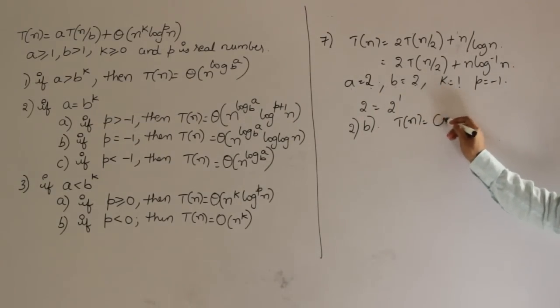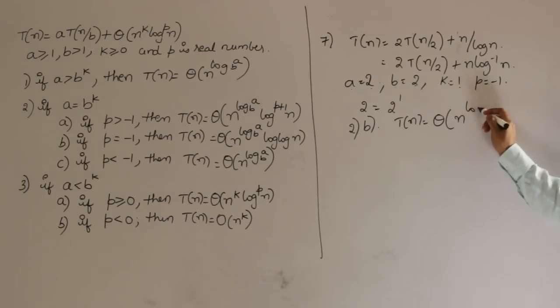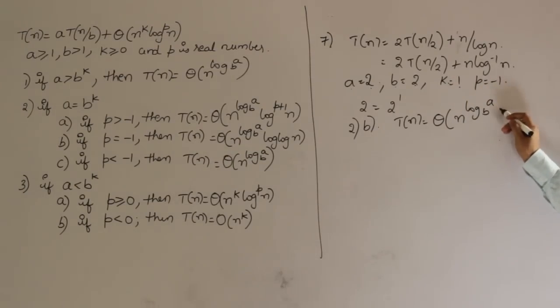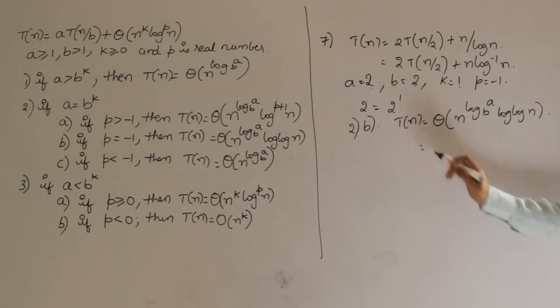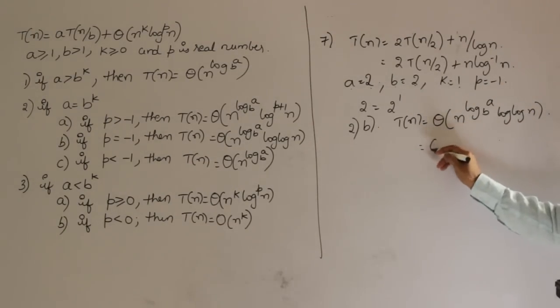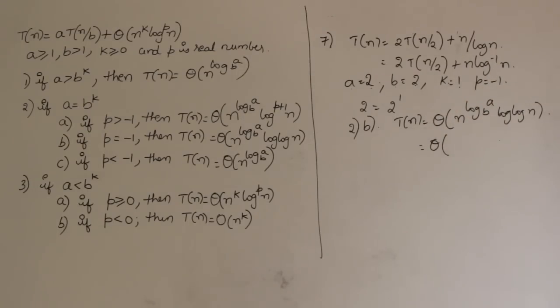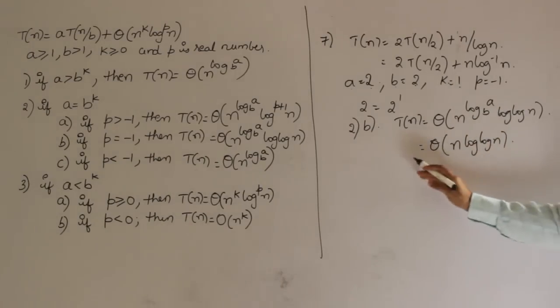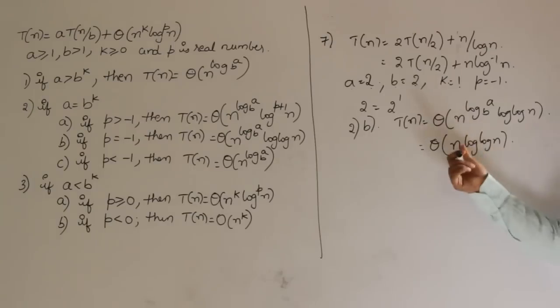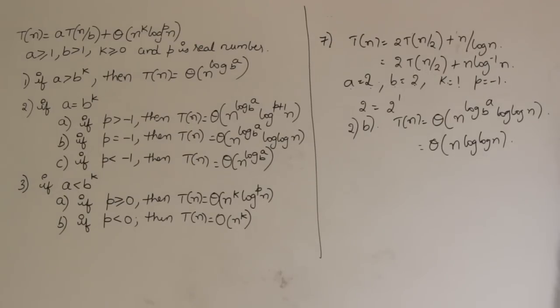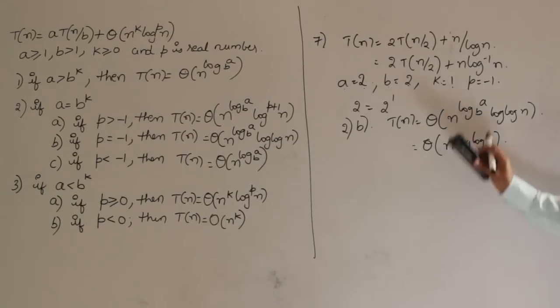T of n equal to theta of n power log a base b into log log n. Now we have to compare this one. Theta of n power log a base b, log a base b equal to 1 only, and log log n. Therefore the answer is theta of n log log n. Okay, so this is problem number 7. Next one is problem number 8.